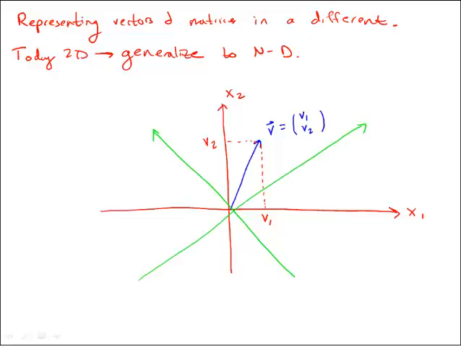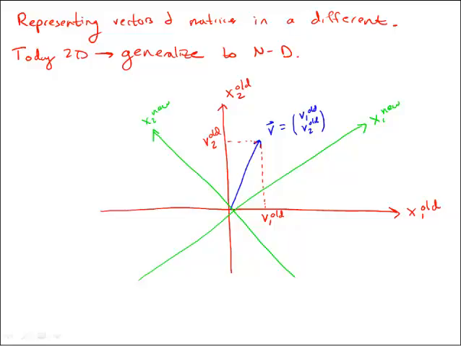So let's call our old coordinate frame x1 old and x2 old, and our new coordinate frame, we'll label the axes with x1 new and x2 new. And so from the perspective of our new coordinate frame, v will be a different vector. How can we find the representation of v in our new coordinate frame?